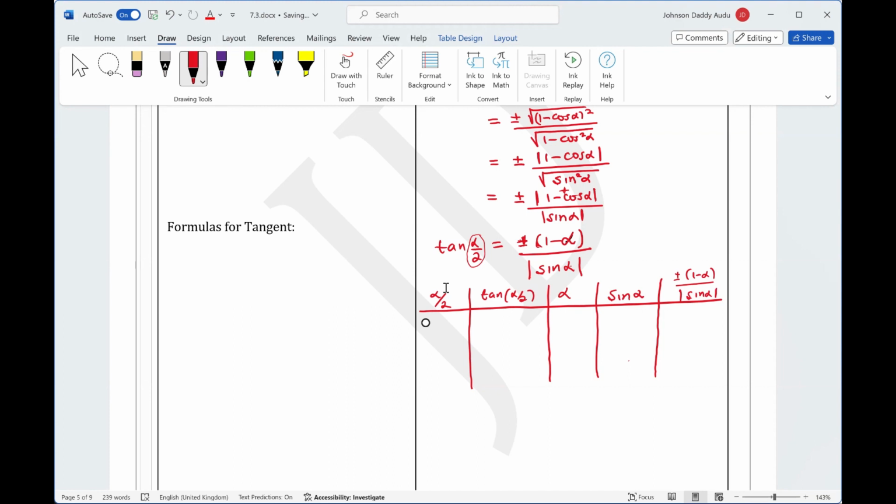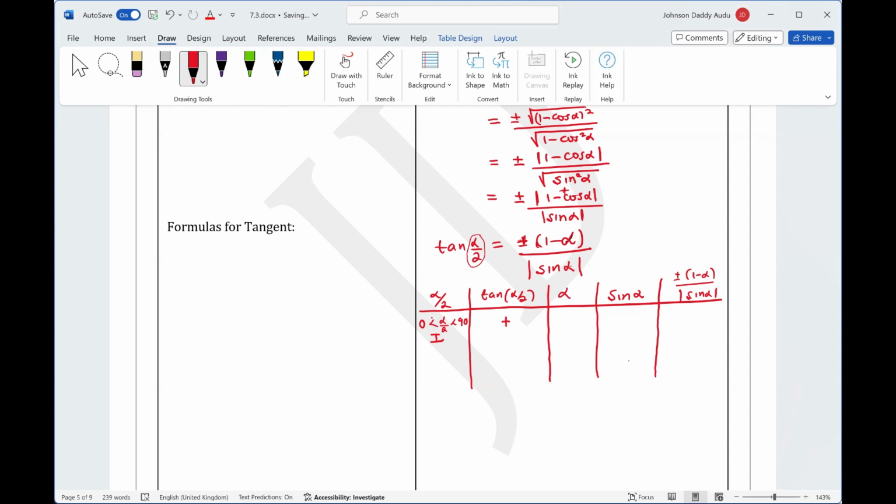All right. So for example, now, if alpha over 2 is in the first quadrant, it means it's between 0 and 90. So you are in the first quadrant, right? So if it's in the first quadrant, definitely we know that tan alpha over 2 is going to be positive, right? And what is sine alpha?